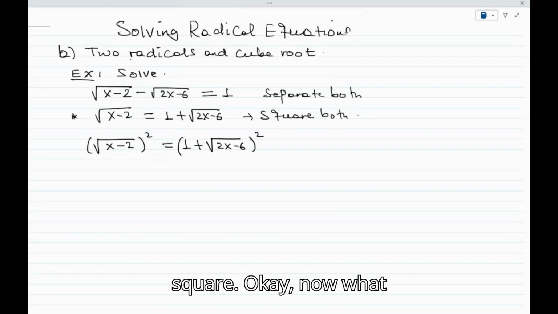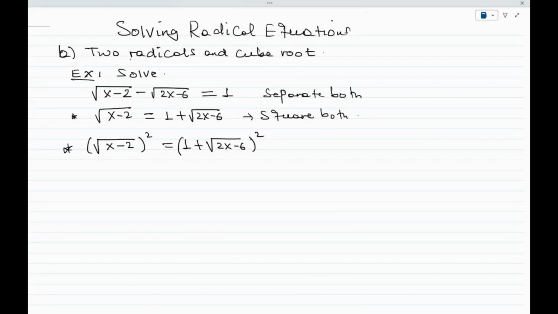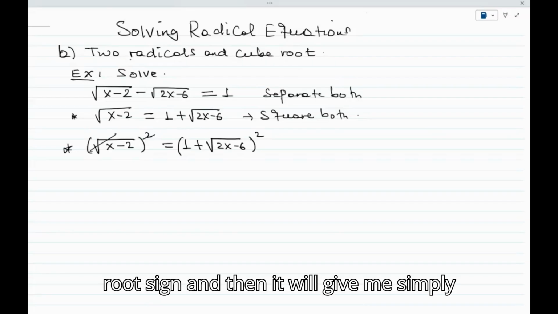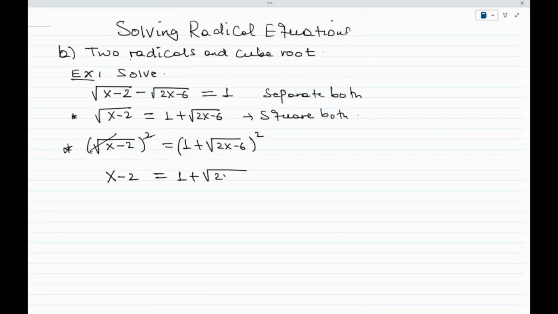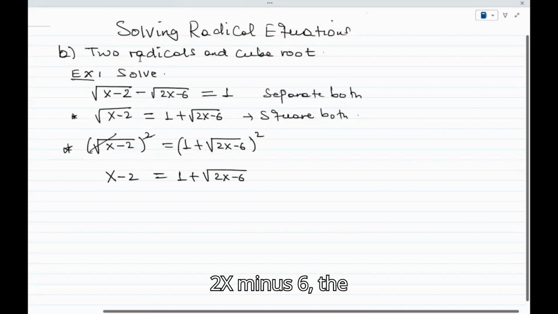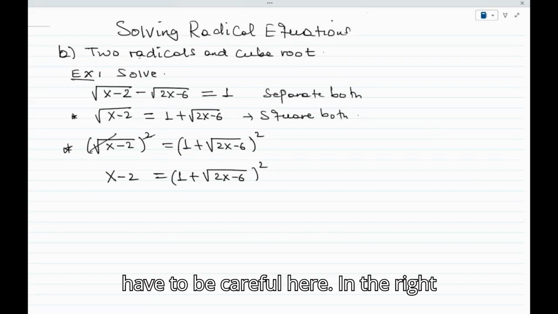Okay, now what will happen? Well, on the left side, this square will take care of the square root sign, and it will give me simply x minus 2 equals 1 plus the square root of 2x minus 6, the whole square. Now you have to be careful here.